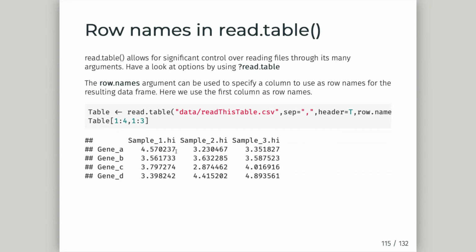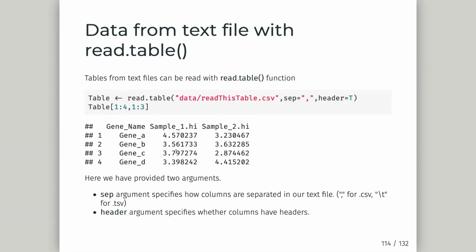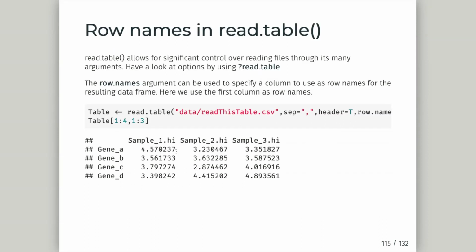So this is a data frame, but I could do as.matrix and turn it into a matrix. If I had left it like this, when I do as.matrix, this is character, the whole table will become character. If when I read it in, I automatically put these into row names, I can straight away turn this into a matrix. It's all numeric, and it will go into a lovely numeric matrix and I can start operating on it. It's going to save you two or three lines of code just to do it this way.